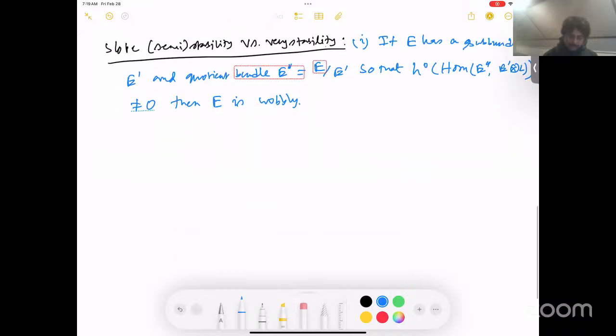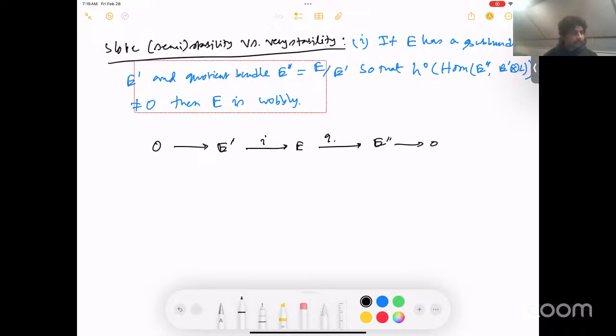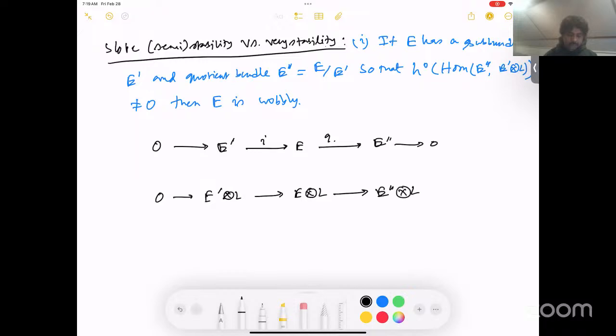The proof is simple and quite standard. I just write two exact sequences of bundles and it will be obvious. So there is the quotient bundle, and simply by tensoring you have another exact sequence of bundles.